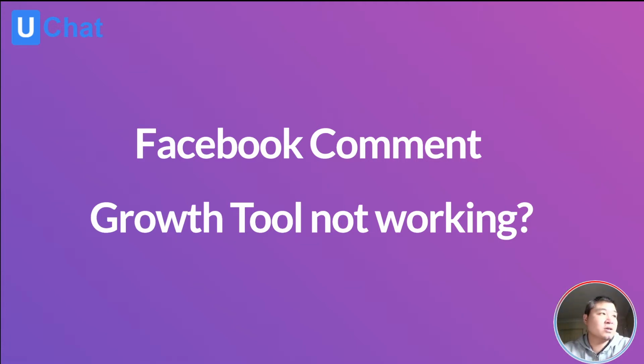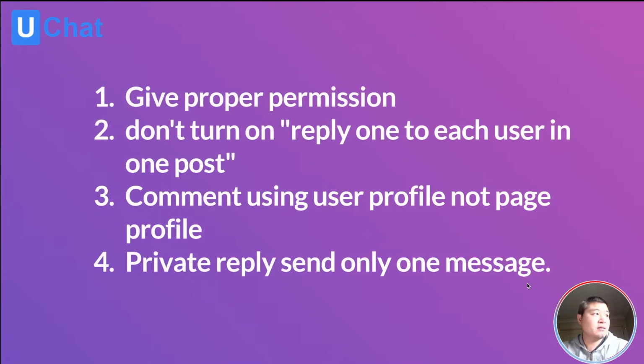Okay, so let me first share my screen here. So first, you need to give the proper permissions. That means when you connect your page with UChat, you need to make sure that you give the one particular permission you need to approve.